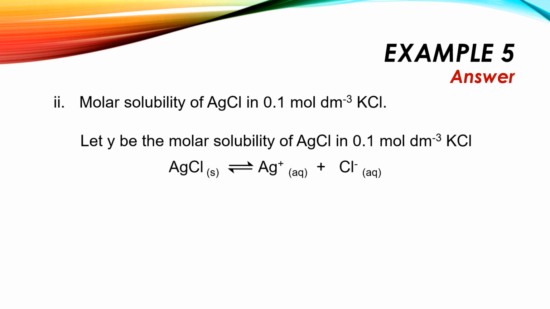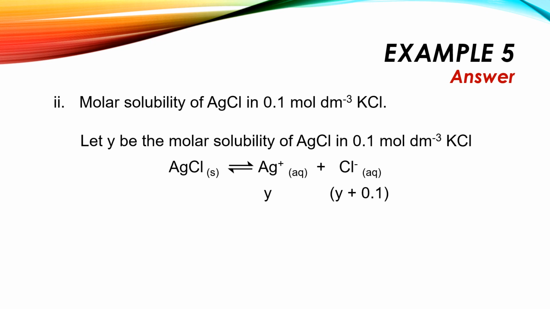Writing the solubility equilibrium expression, silver chloride soluble salt dissociates to form silver aqueous ion and chloride aqueous ion. Since y is assumed as the molar solubility of silver chloride, the silver ion is equal to y, while the chloride ion is equal to y plus 0.1.